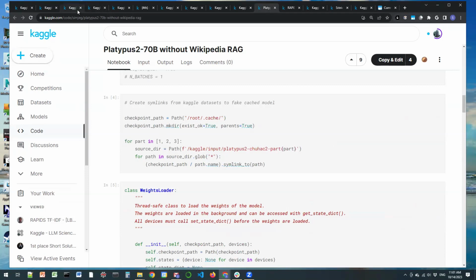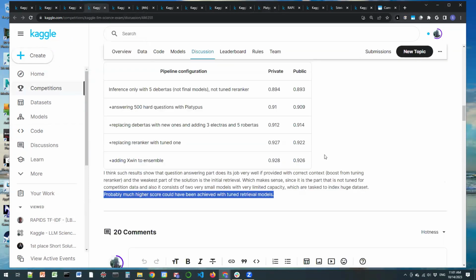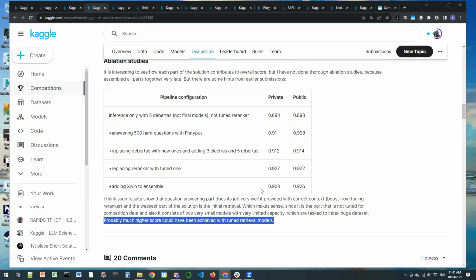So in a sense, let's see. Now, to go from 0.853 to 0.928, so about 0.16, something around 0.1617 is the difference that you get from RAG.